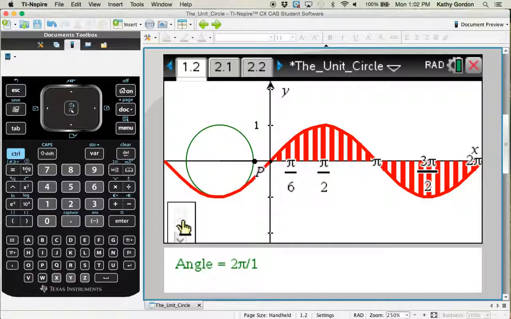So this graph that we call the sine graph, the sine curve, comes from just looking at those y values from the point as it rotates around the circle. Okay? And then whatever this pattern is that we get from one rotation around, that pattern just keeps repeating itself.